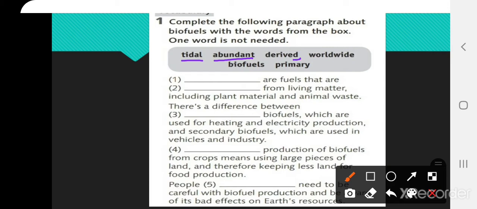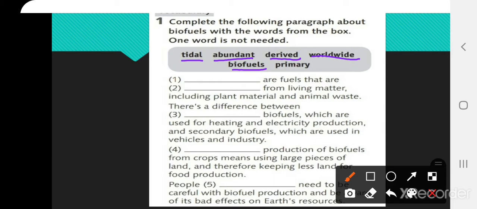Derived, something that comes from something else, يشتق من. Worldwide, okay, بشكل عالمي أو حول العالم أو بشكل واسع في العالم. Biofuels, biofuels هو الوقود العضوي.